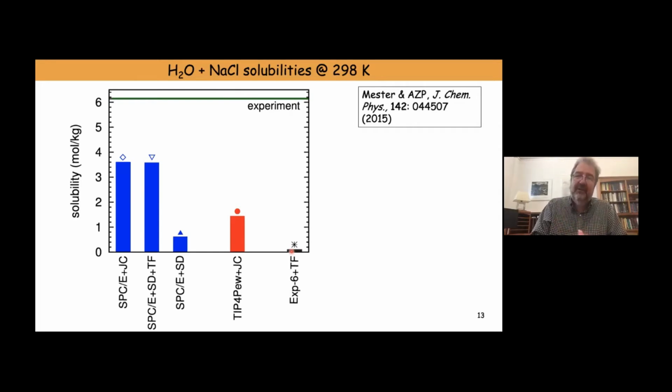Incidentally, at the time we were publishing these calculations, if you recall, they are done with free energy calculations. So you measure the chemical potential of the salt in solution, and then you do a Frenkel-Ladd integration in the crystal to calculate the chemical potential of the crystal, and you match them and you find what the solubility is. But there is an alternative for solubility calculations, right? Instead of doing this elaborate free energy path, you can just place a crystal in contact with solution and measure the equilibrium solubility, right?